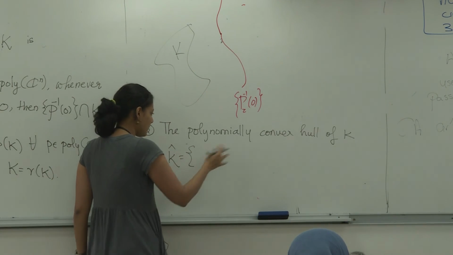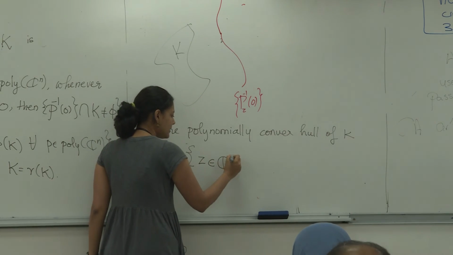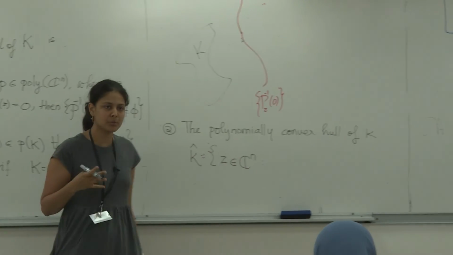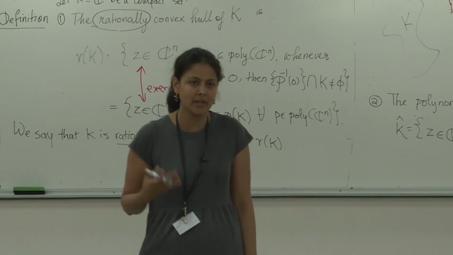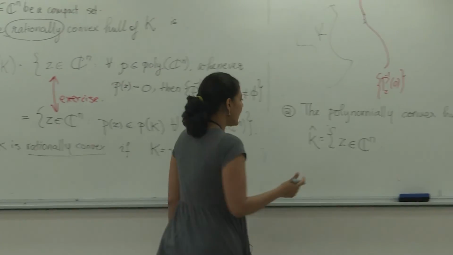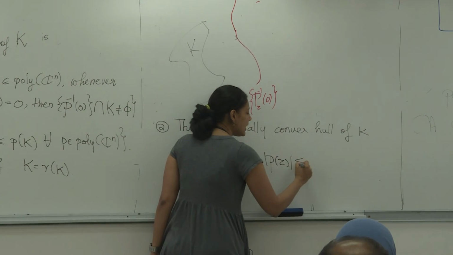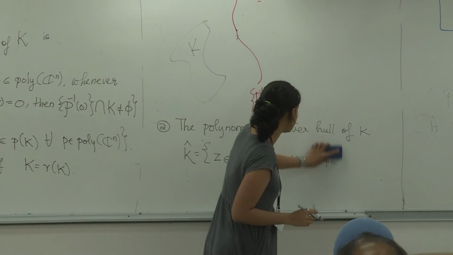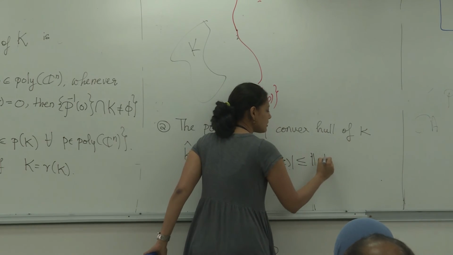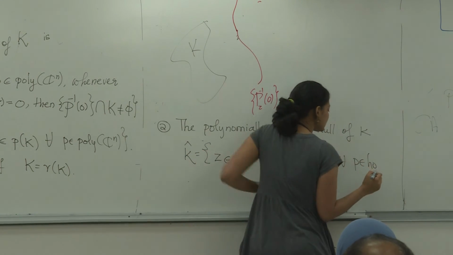I'm just sticking to something. This looks a little bit different. You take those points where some sort of maximum principle is satisfied. We have already encountered the maximum principle when talking about approximations. So here the absolute value of P of z is at most the supremum norm of this function on K. And this is true for all holomorphic polynomials.